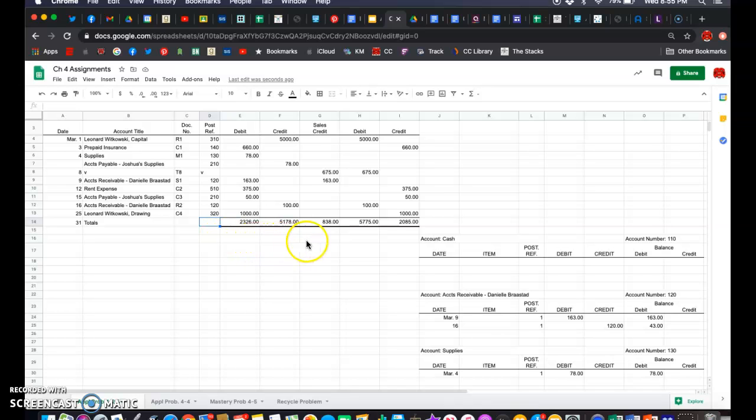So anyway, I'm going to come over here, and since we're dealing with this column, we're actually going to put our account number underneath there in parentheses. Whoops.